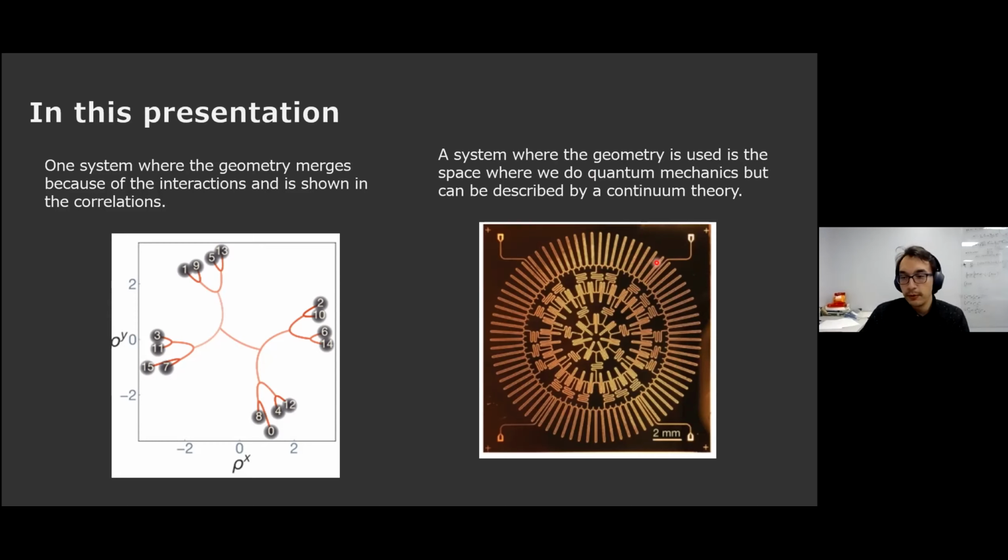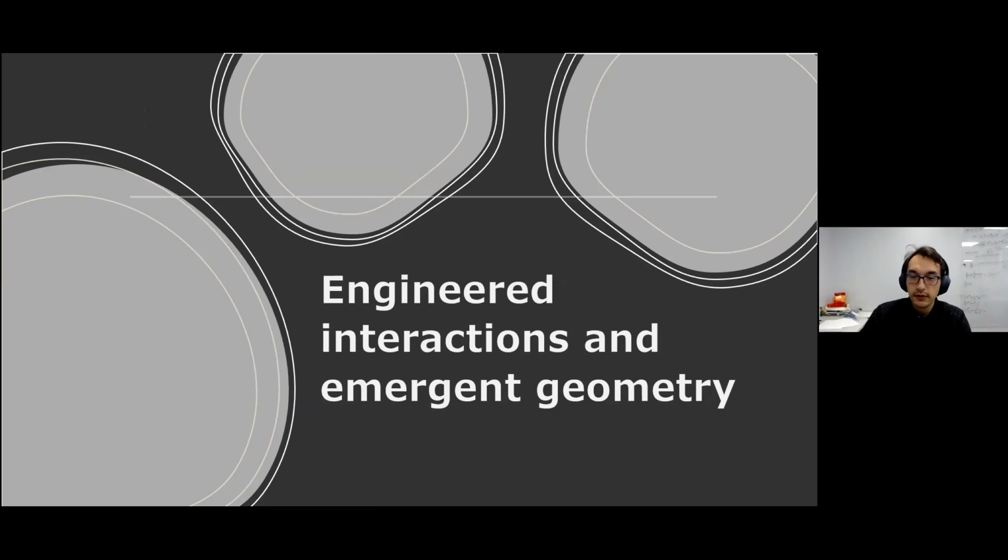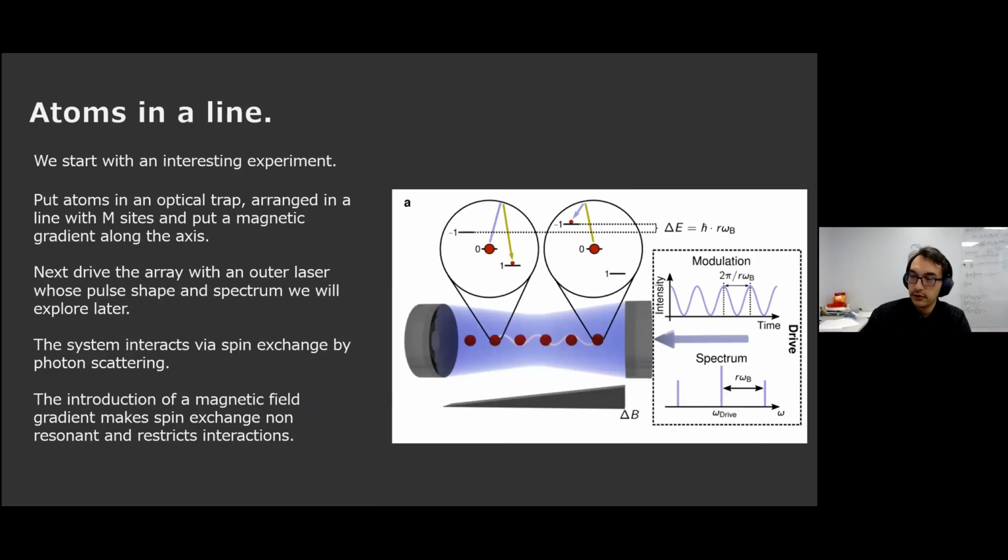And what we will show is that you can describe this with a quantum field theory or a continuum theory on the continuum geometry. So we'll see that the lattice theory can be described almost exactly by the continuum theory. So why don't we start with the engineered interactions and the emergent geometry.